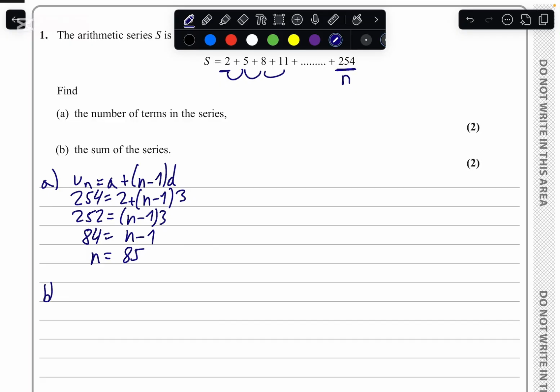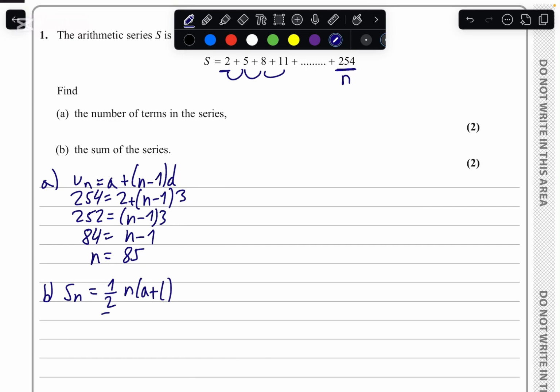In part B, we need to find the sum of the series. Since the question says the sum of the series, we know we need to use the equation Sn equals half of n times a plus l. So there are two sum equations.